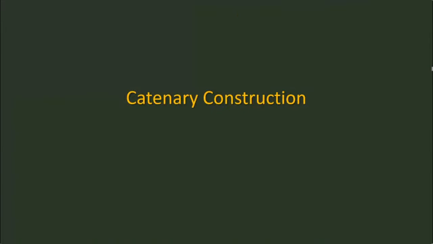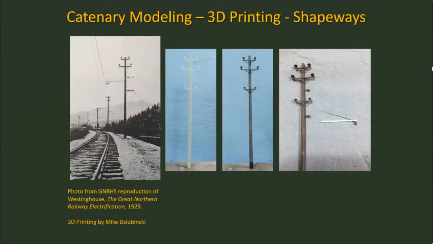So moving on to the catenary. The catenary is part of how the electric power was provided to the electric locomotives that ran over the Cascades. You see an actual photo of the GN catenary here, and a friend of mine and I, from this photo from Westinghouse, built a little 3D model in Google SketchUp, and then 3D printed this using the company Shapeways.